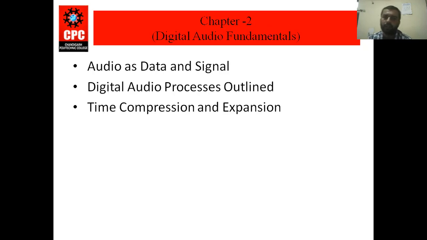We also study how an analog signal is converted into a digital signal, and how an audio signal is used as a data signal, in the digital audio fundamentals chapter. That is your second chapter.